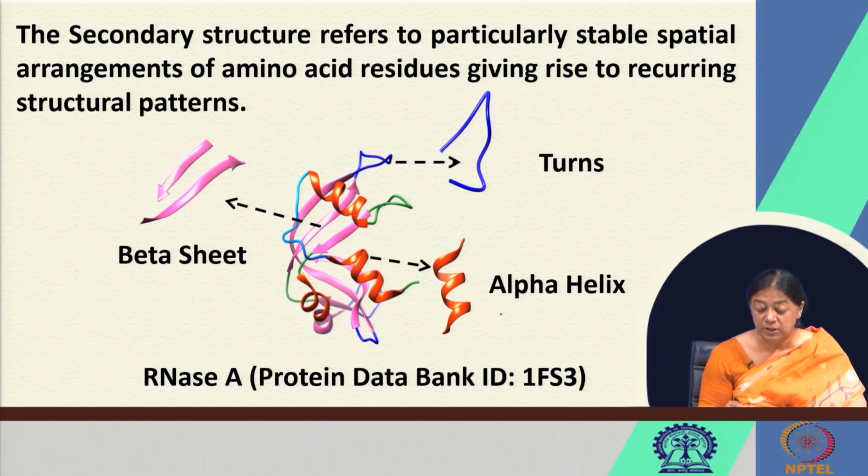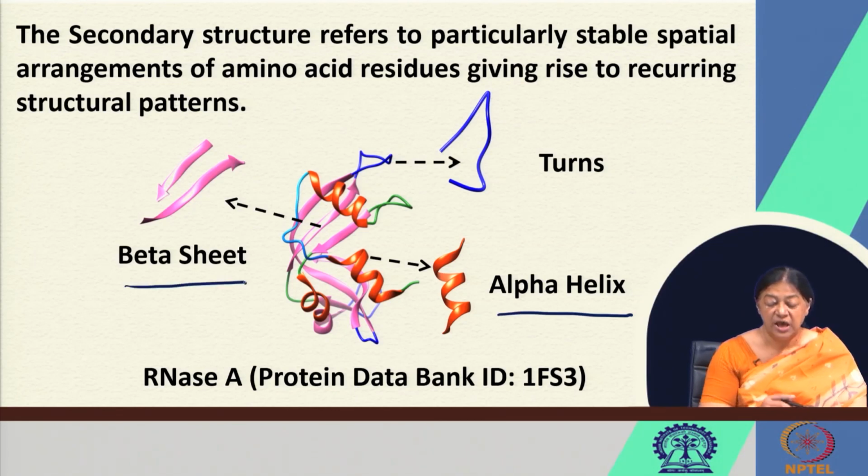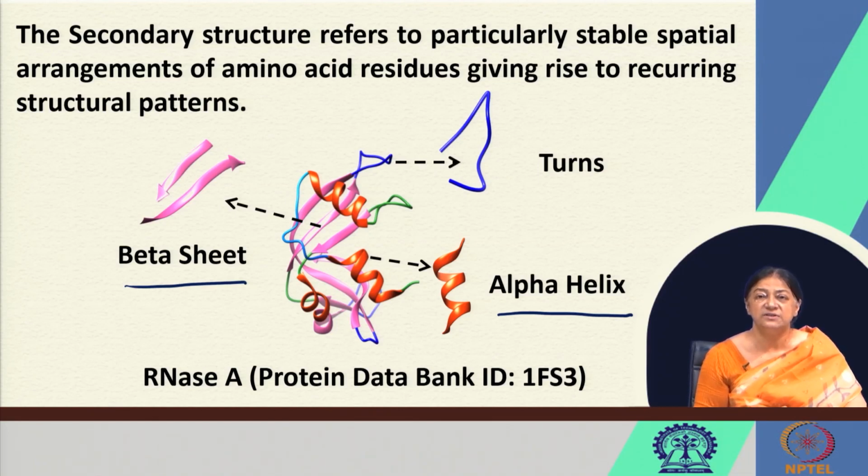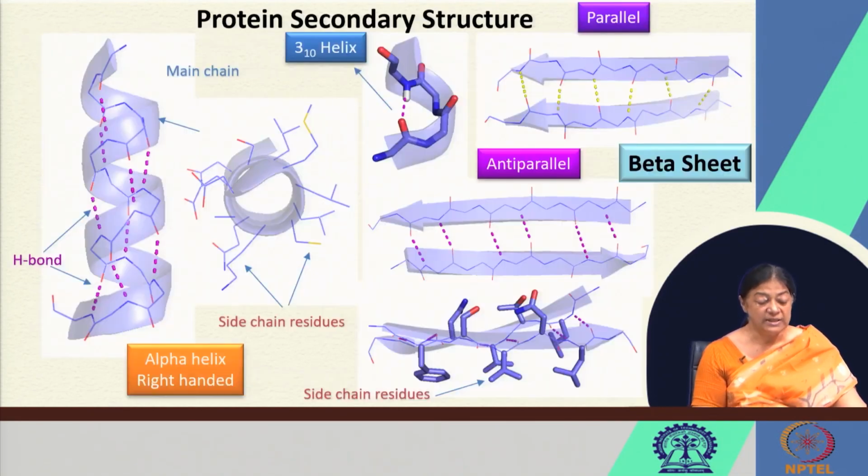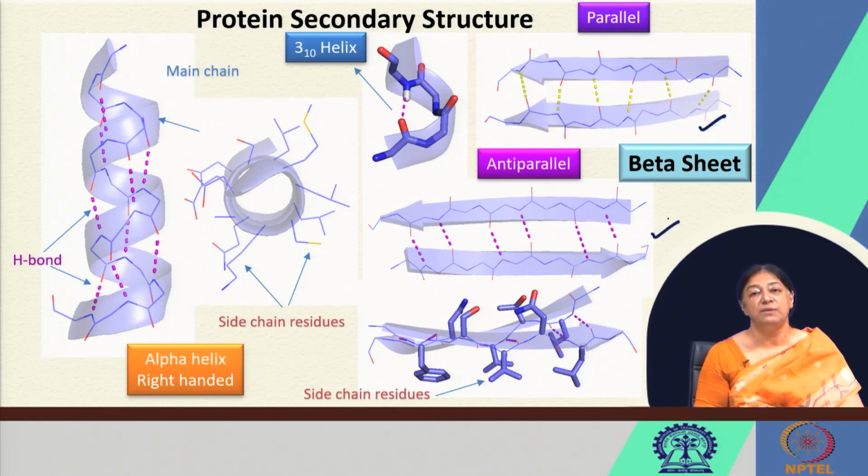They formed what we call the alpha helix and the beta sheet, and we looked at specific characteristics of each, and found out that the pattern that emerges is their connectivity, their interaction in terms of hydrogen bonding patterns. They have distinctive hydrogen bonding patterns for the alpha helix and for the beta sheet, and the pattern also changes when we consider the parallel or the anti-parallel type of beta sheet.